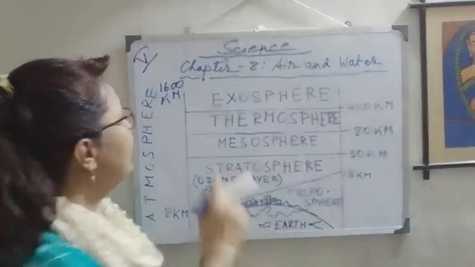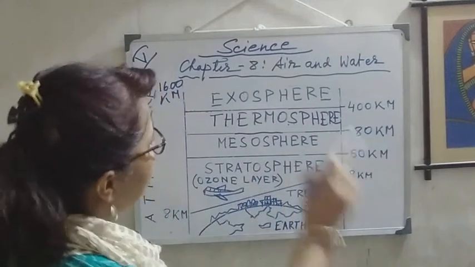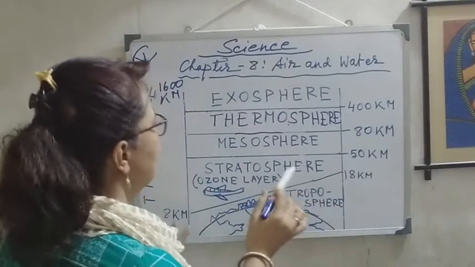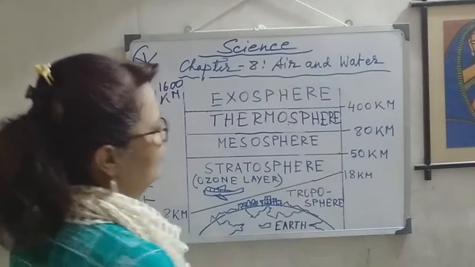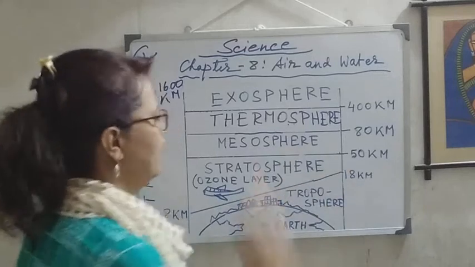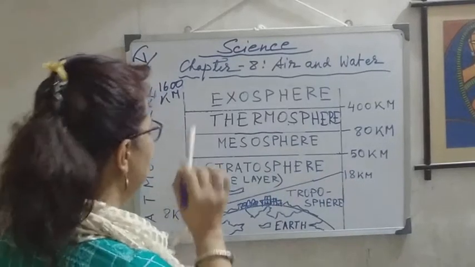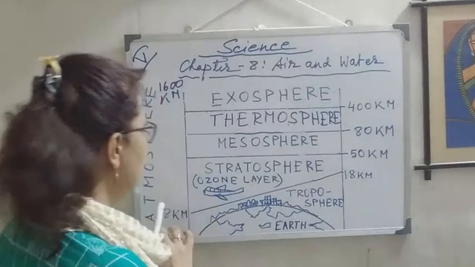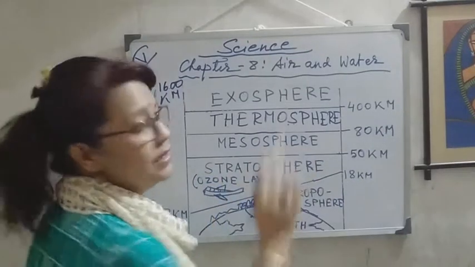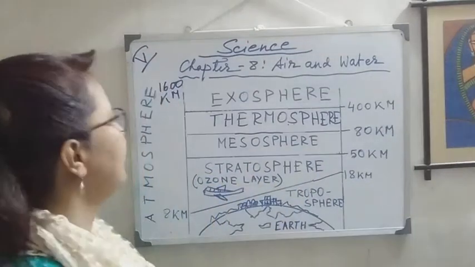The stratosphere extends up to 50 kilometers: 8 to 50 kilometers in the polar region and 18 to 50 kilometers in the equatorial region.